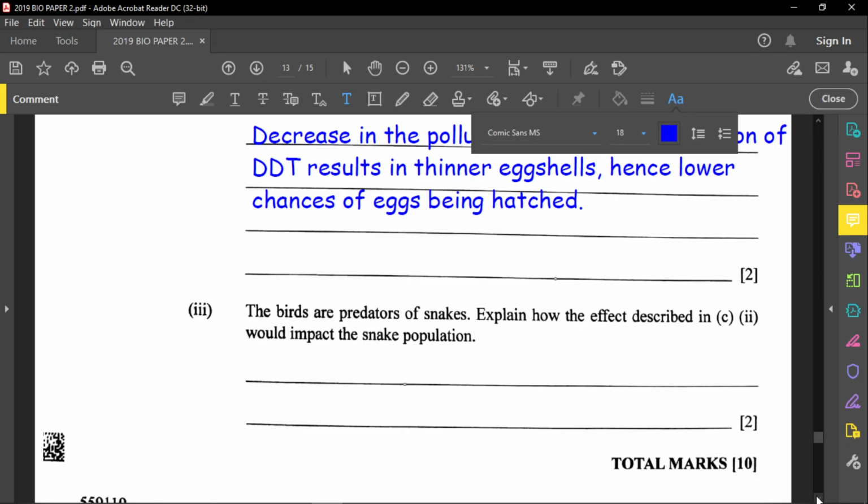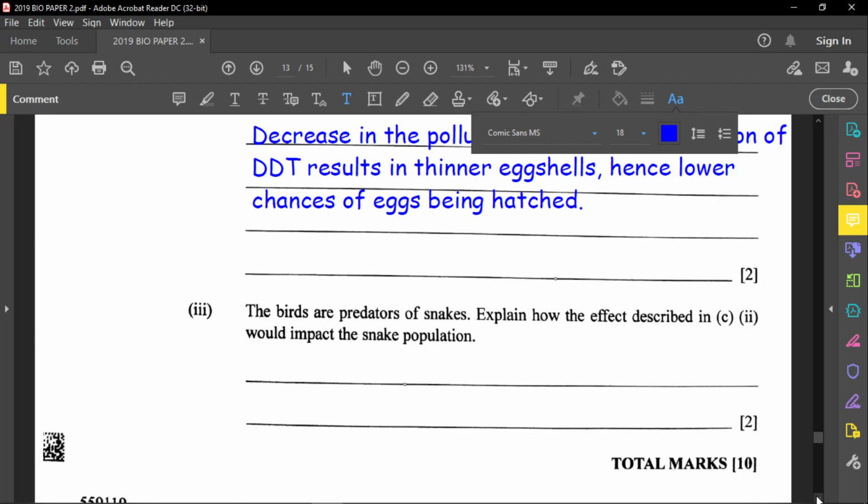The last part of this question says the birds are predators of snakes. So the snake is the prey and the birds are predators. Explain how the effect described in C2 would impact the snake population.